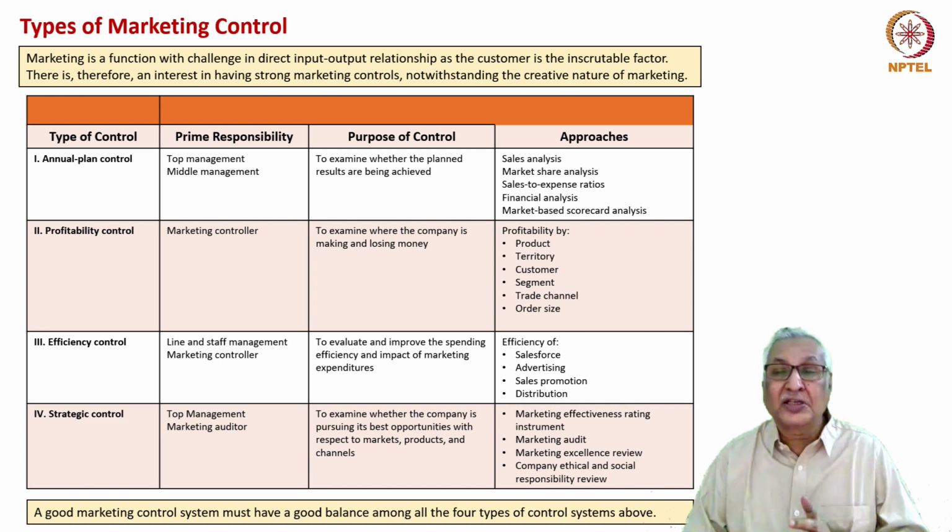So, analysis of sales, region wise, territory wise, even retailer wise, distributor wise, and also in terms of product verticals. Then you need to understand the market share. You need to understand the sales to expense ratios. You need to understand incentives as a part of the total sales.